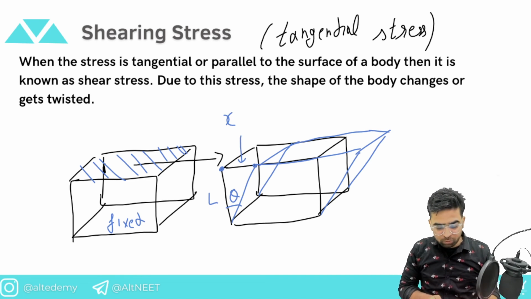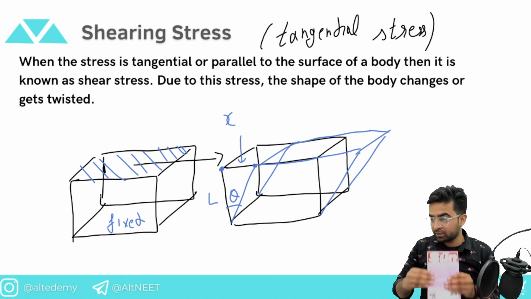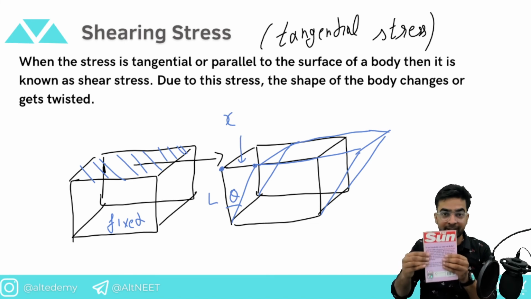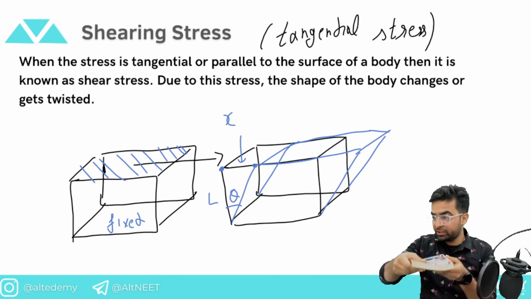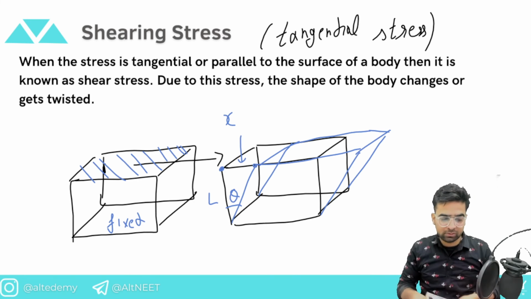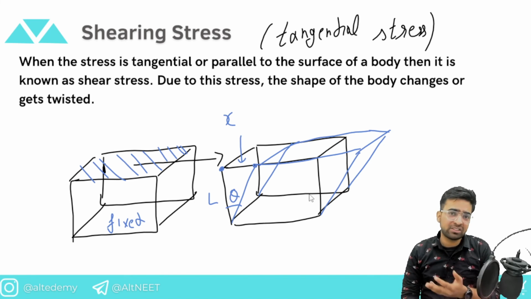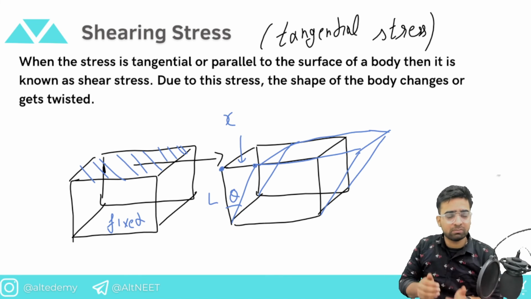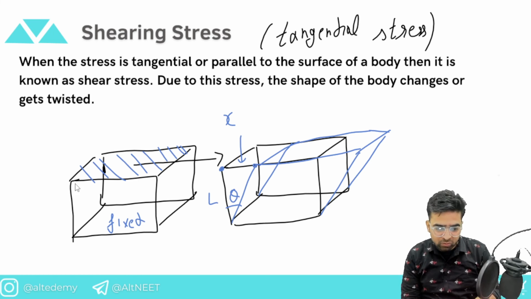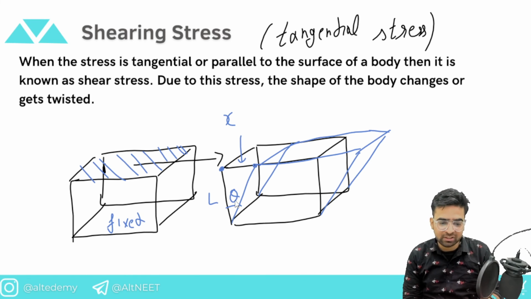I don't have any good book. This book is not twisting. It will happen like this, but it's not happening, so you can just imagine. It's like have some displacement. This point will displace and this point is fixed.